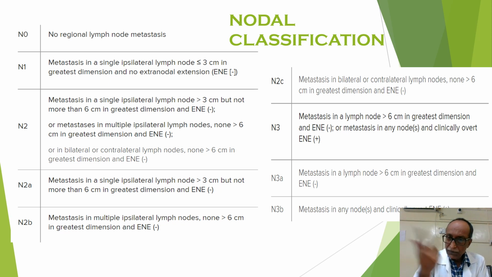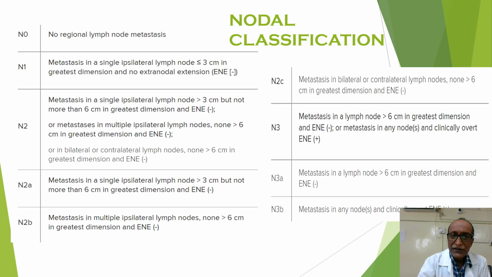N0 is that there is no lymph node palpable. N1, 2, 3. N1 is size of the lymph node less than 3 centimeters. N2 means 3 to 6 centimeters. N3 means more than 6 centimeters.